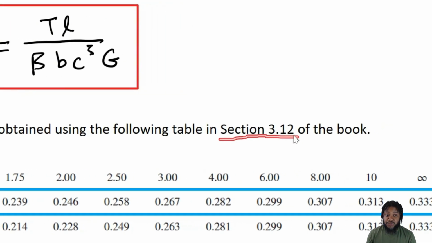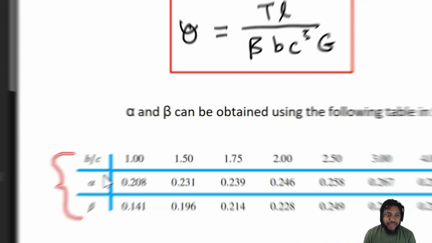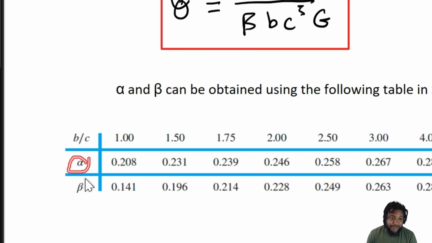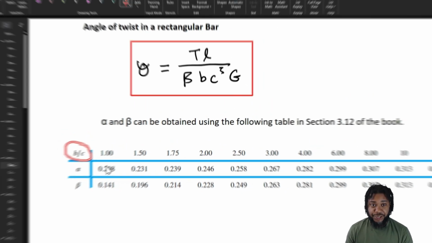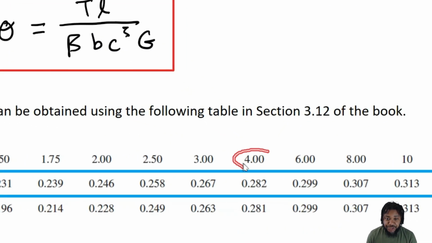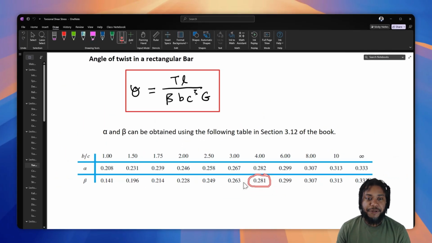In section 3.12 of the book, we are given this lookup table, which tells us the approximate values for alpha and for beta for different ratios of the dimensions b over c. So if we know the ratio of b over c is, say, 4, then the alpha for our cross section is 0.282, and the beta for our cross section is 0.281, right?